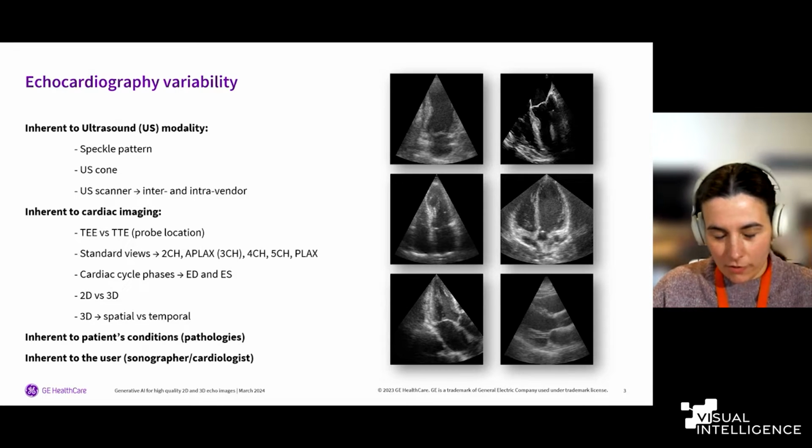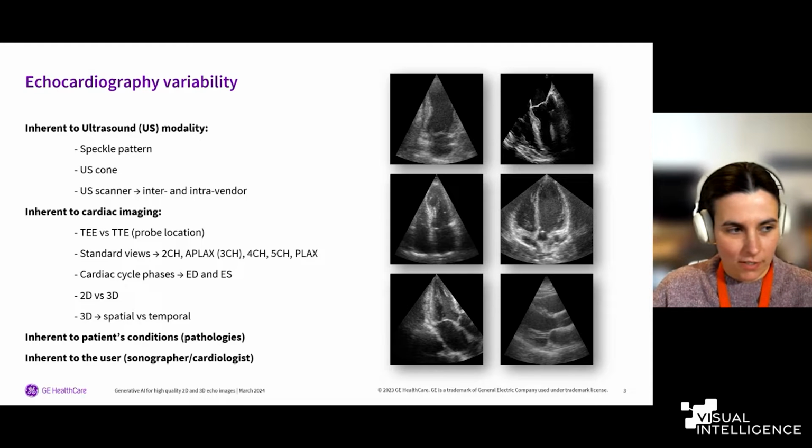There is one or two, mainly, which have been used since many years ago, at least 10 years ago, but those data sets are small and limited. And compared to other imaging modalities, the percentage of ultrasound images which are publicly accessible is very, very low.